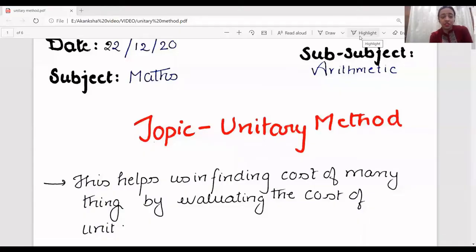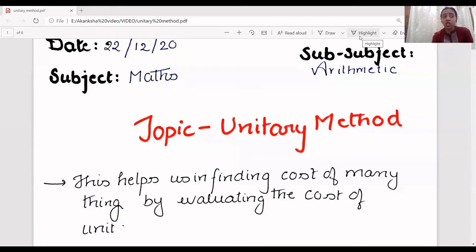So class, today we're going to start with unitary method. Now, unitary method is another part of ratio and proportion. By the term itself, you can understand that this method is talking about units. Suppose you're going shopping and somebody says that these 10 products are of this cost.